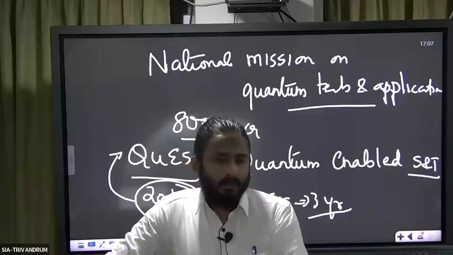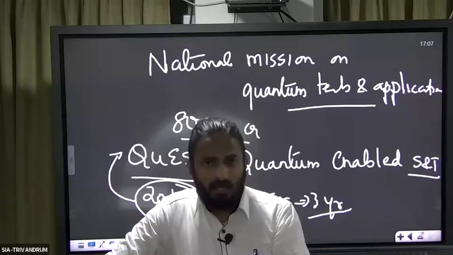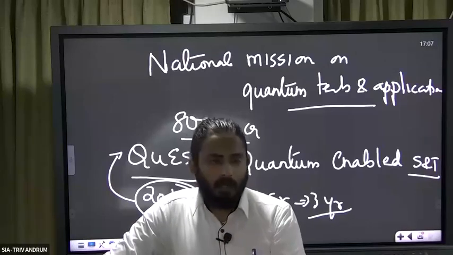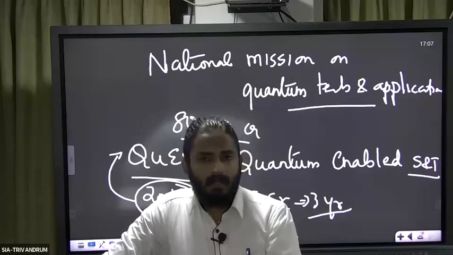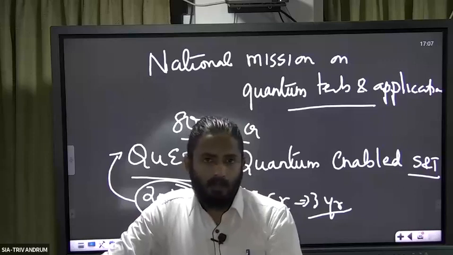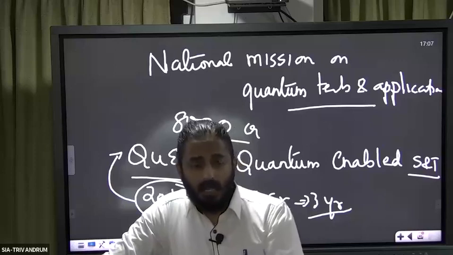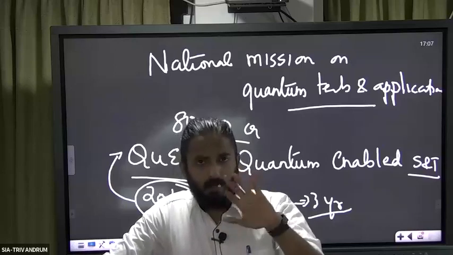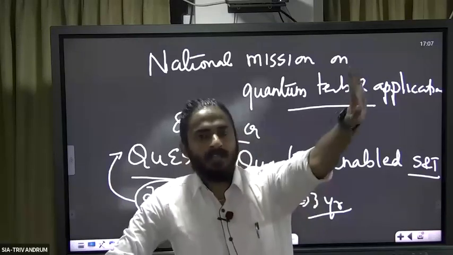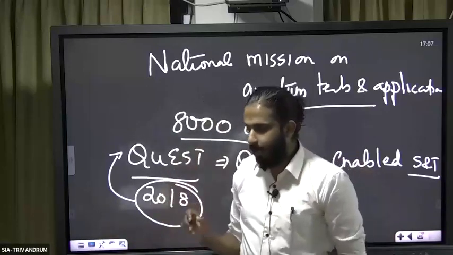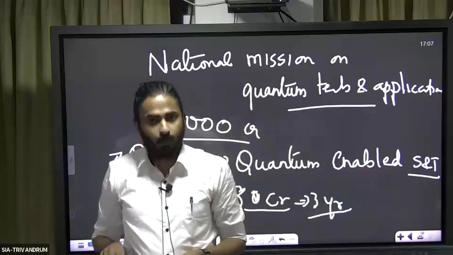So elimination will be possible to some extent in science and technology questions. And as I said, if nothing works, think if all of the above works. This is another cheat code I can suggest for science and technology. At times it works. Again, don't put it on me that I told you. Everything in science and technology being D will not work. So logically apply your sense and do science and technology questions.